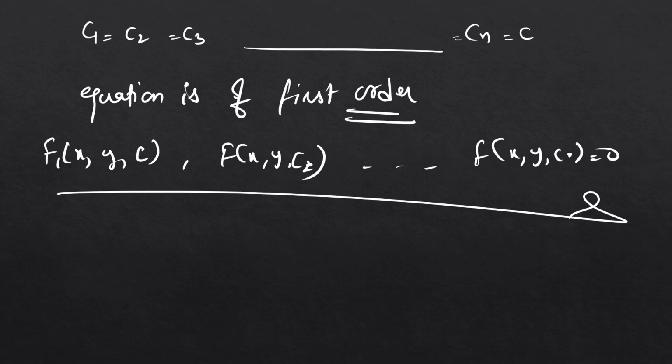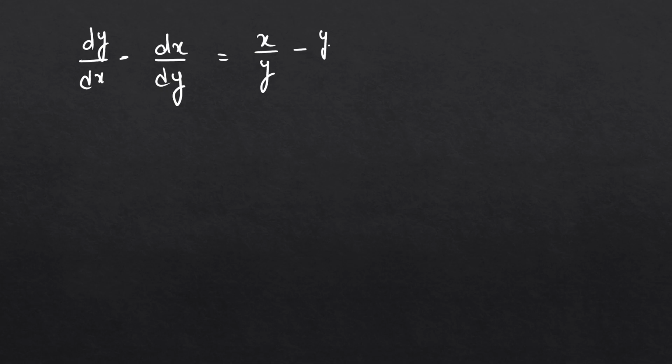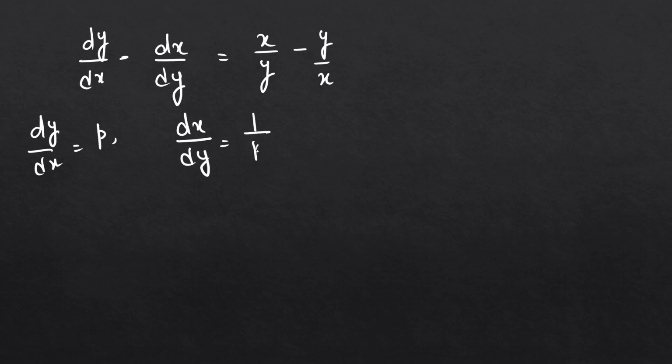Now we will do one question so that we will get a better idea of that. Suppose the question is given: dy by dx minus dx by dy equal to x by y minus y by x. We know that dy by dx can be taken as p, so dx by dy can be taken as 1 by p.